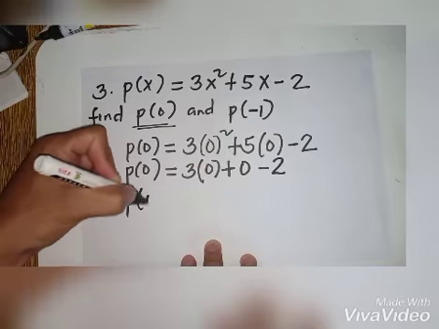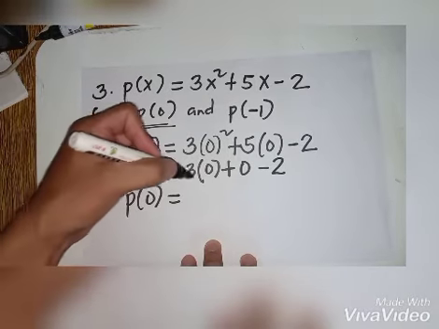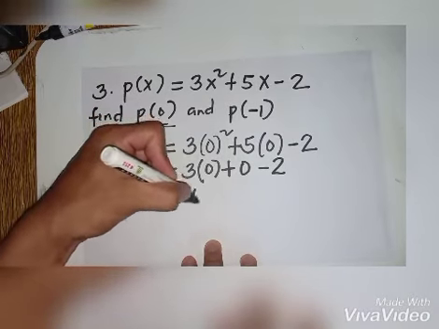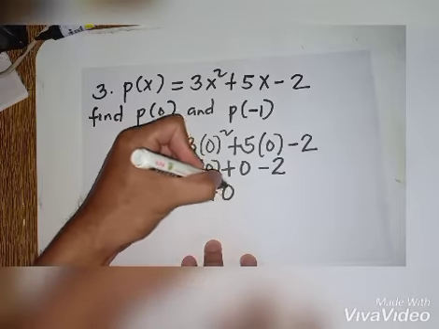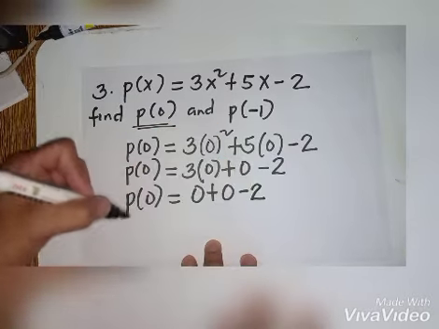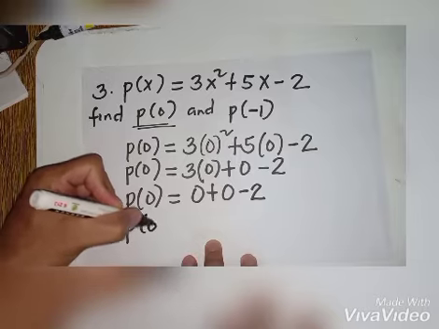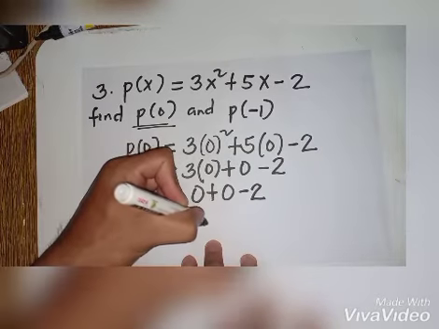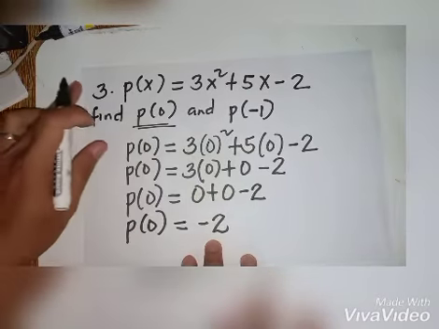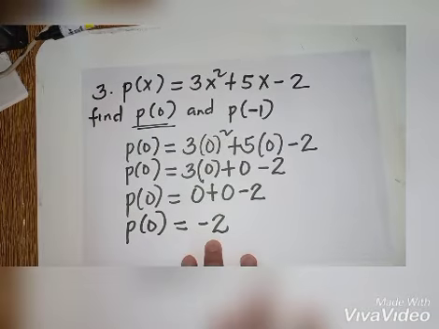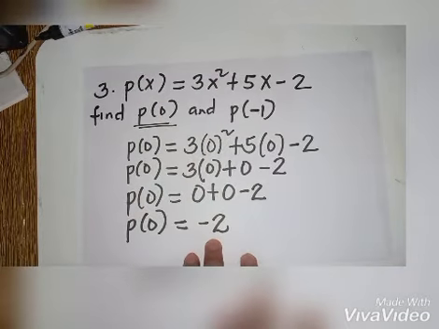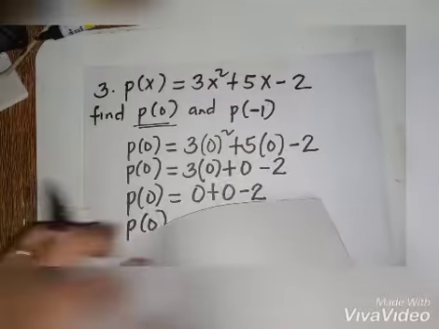So p of 0 is equal to 3 times 0, 0, plus 0 minus 2. So p of 0 is equal to negative 2. Next, let's try to get the other one, which is p of negative 1.